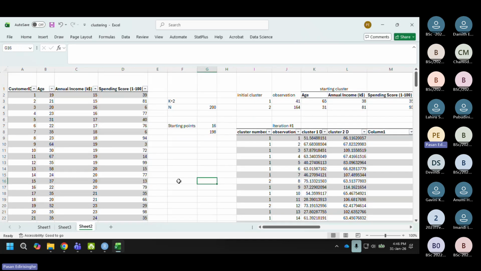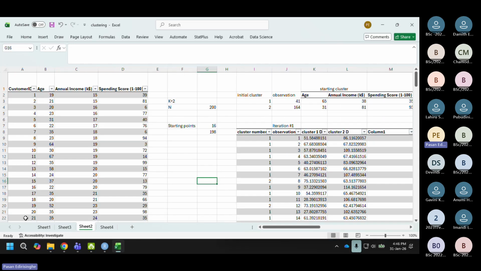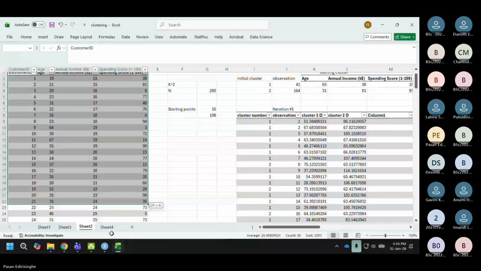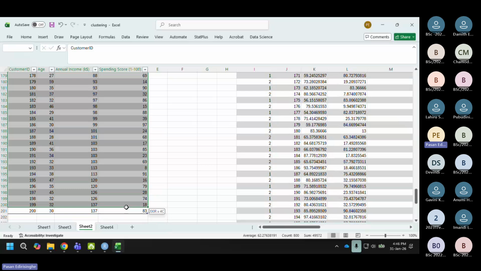So now let me work on that, right? So I will take a new sheet here and take the observations here.